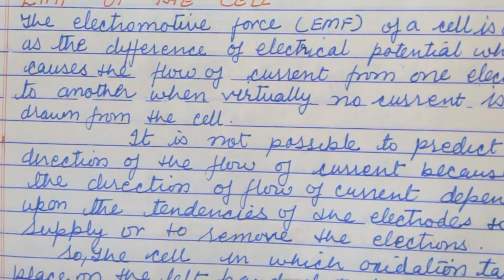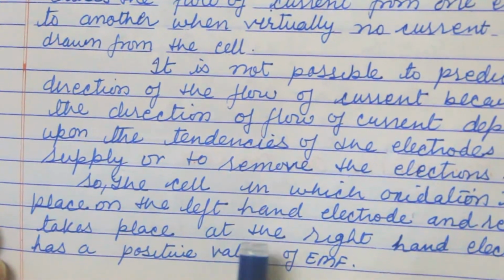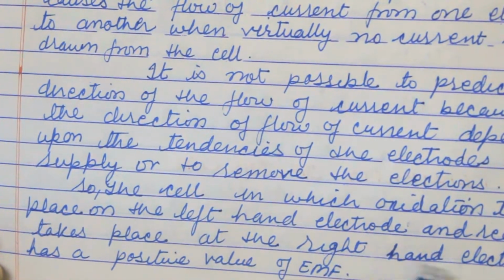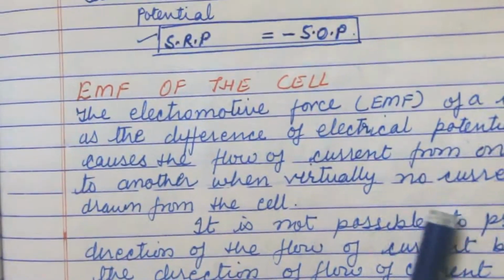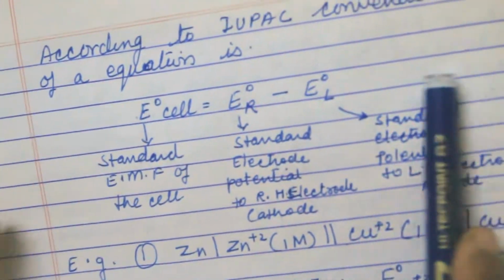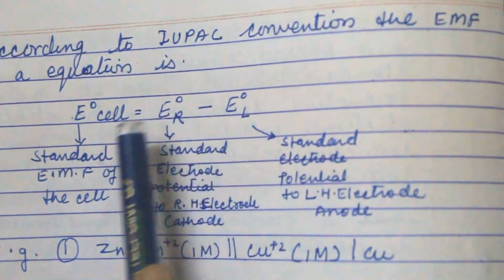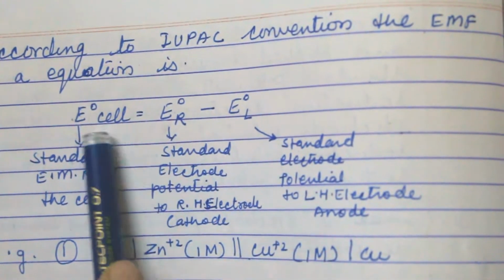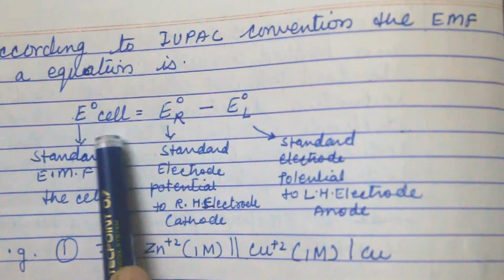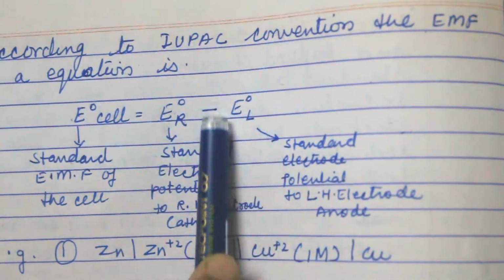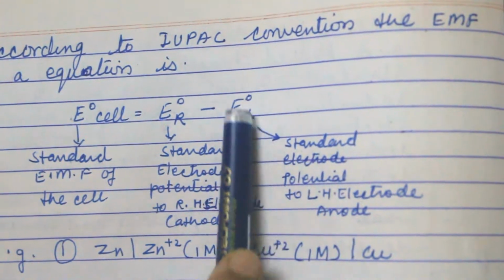So the cell in which oxidation takes place at the left hand electrode and reduction takes place at the right hand electrode has the positive value of EMF. Now according to the IUPAC convention, the equation is E naught cell, that is standard EMF of the cell, equal to standard electrode potential of the right hand side minus standard electrode potential of the left hand side.